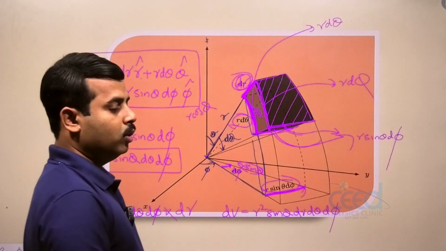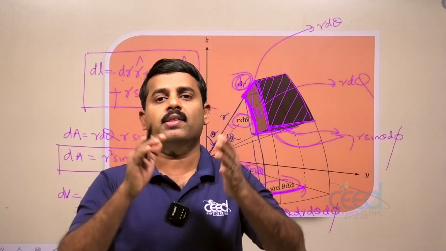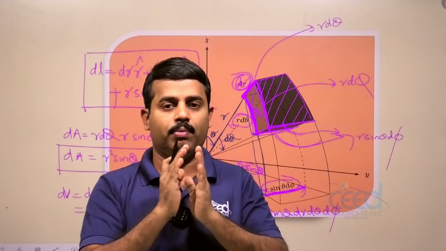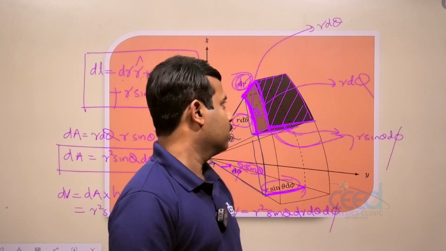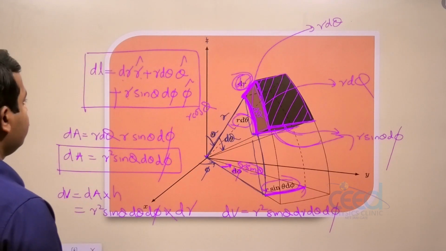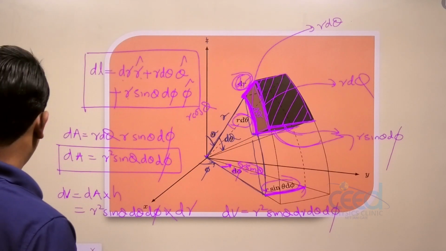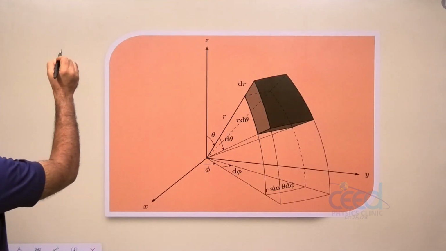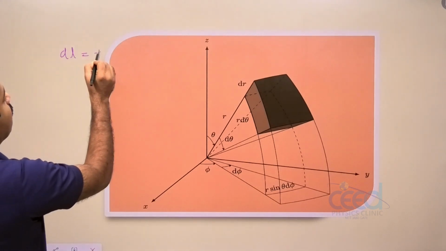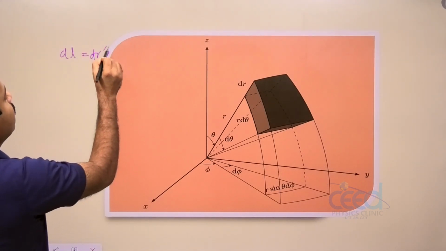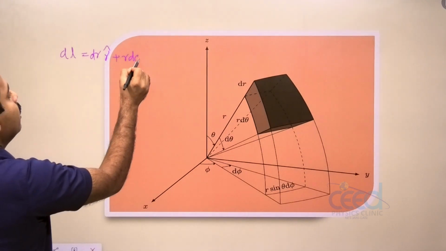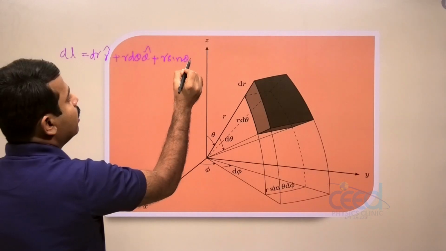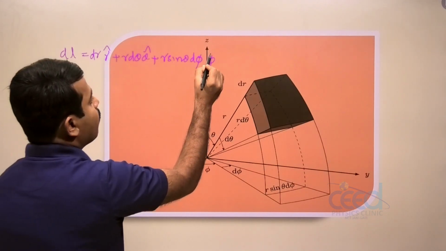So now we got how to represent the length element, area element, and volume element, right. Let me express that in a different way. What is the length element we represented? dr r cap plus r d theta theta cap plus r sin theta d phi phi cap.